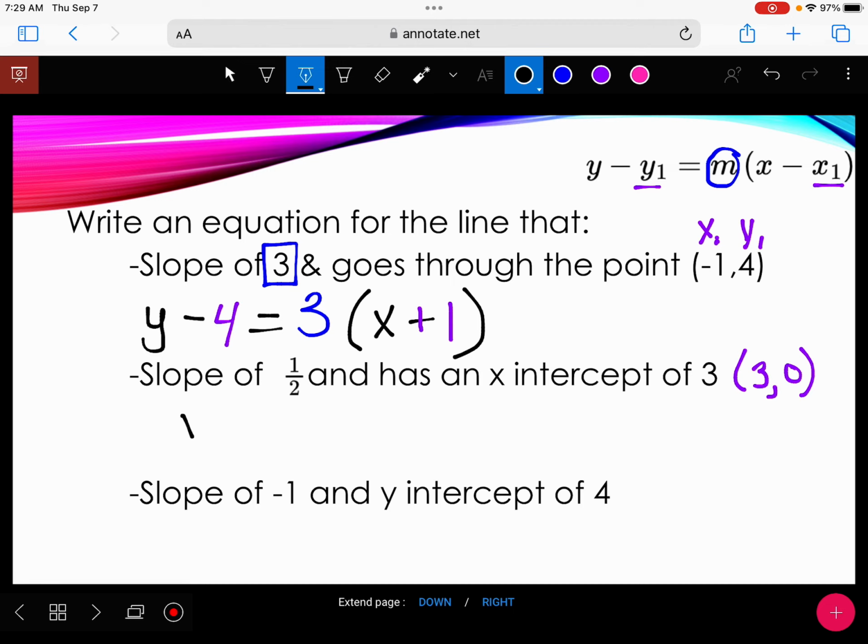So now we can write this as a point-slope form equation. I'm going to do our y minus the y value from my point, which is 0, equals our slope of 1/2 times x minus 3.